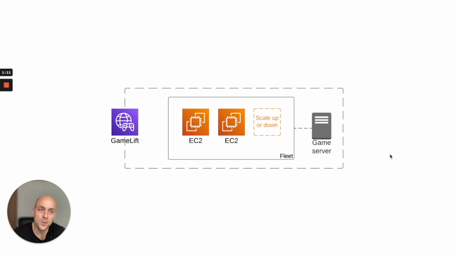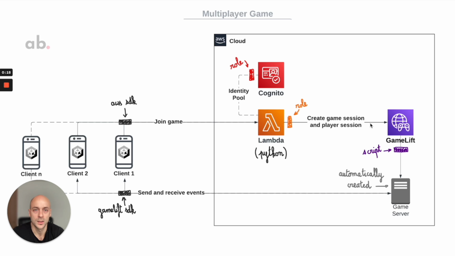No matter how many users your game is played by, GameLift automatically scales up or down according to the demand. So GameLift connects all your players together through a game server. It creates game sessions and player sessions.